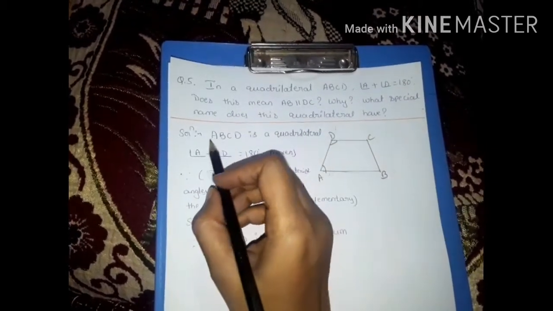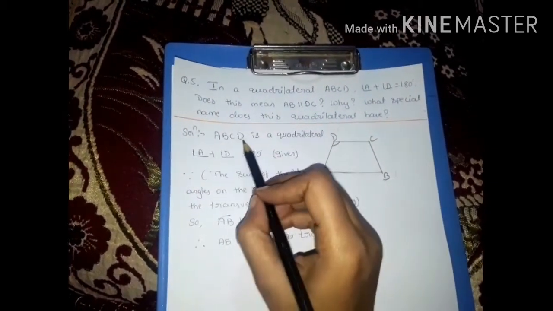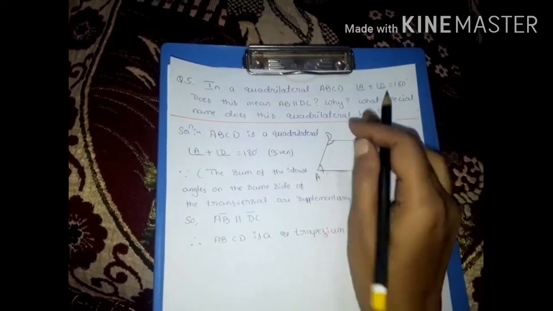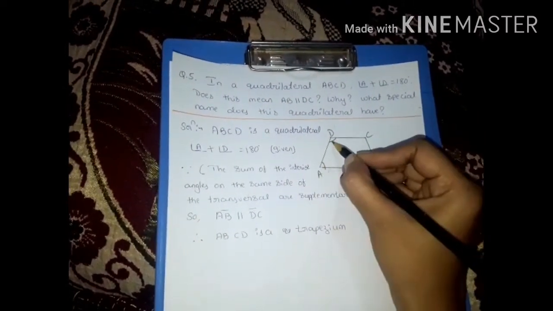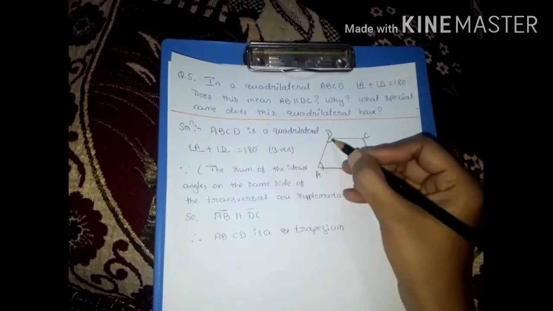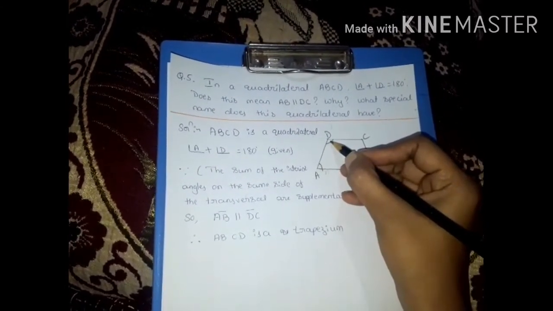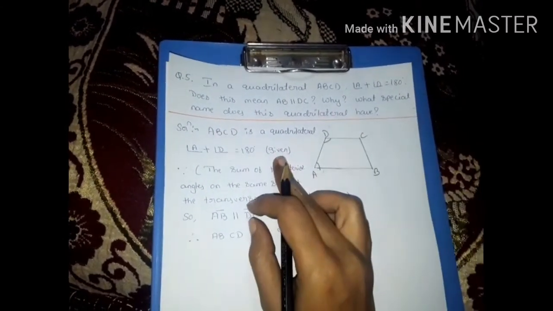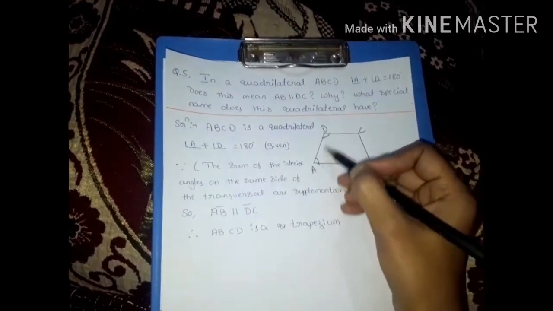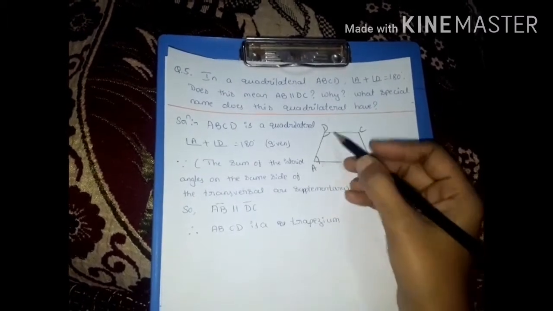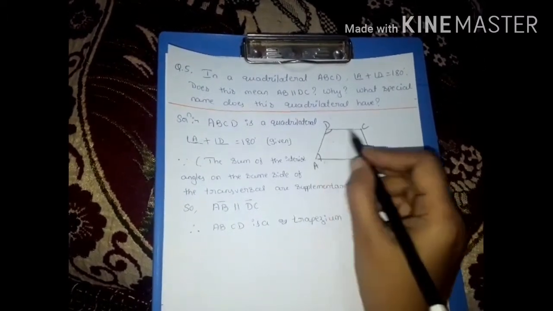To prove this, in the solution, first write down ABCD is a quadrilateral and draw one quadrilateral here. According to the given condition, angle A plus angle D equal to 180 degrees. The sum of these two angles is 180 degrees. It is given. From the figure, this implies that AB is parallel to DC.